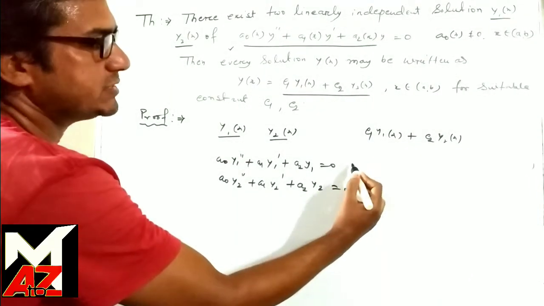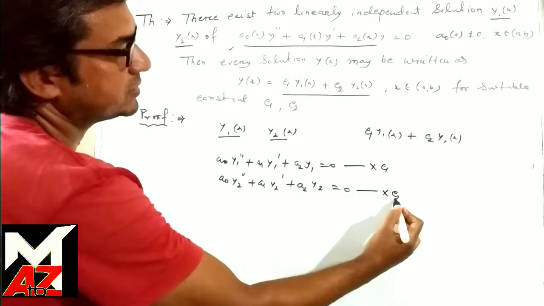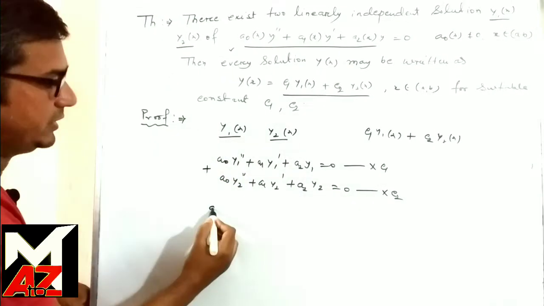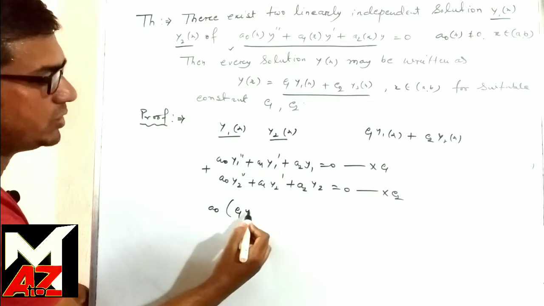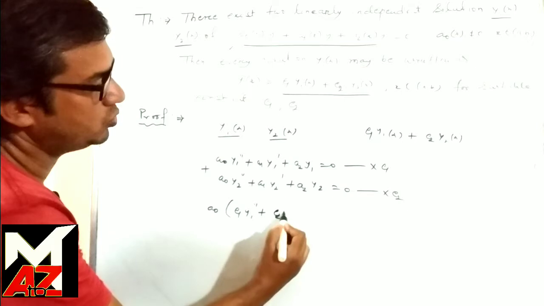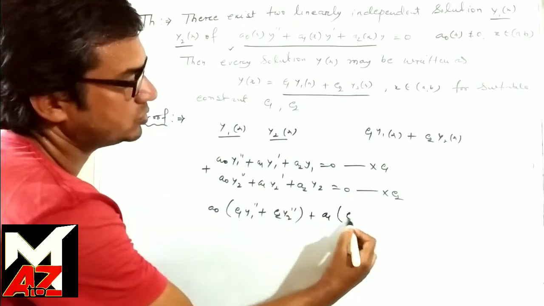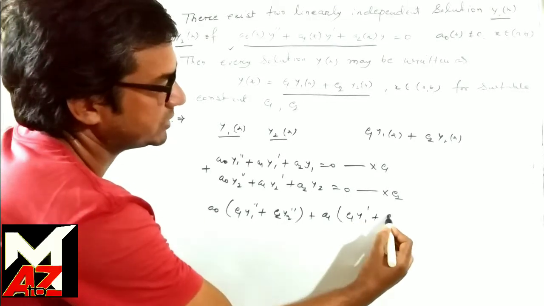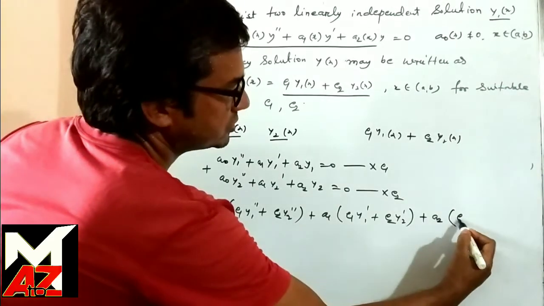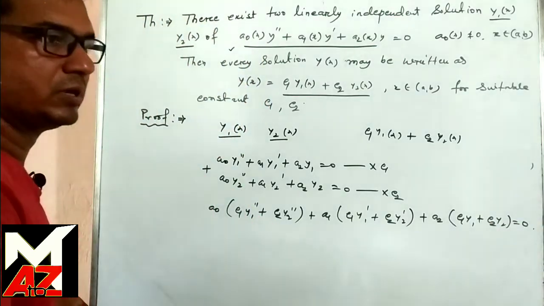Now multiplying this relation by c1 and this relation by c2 and adding them, we get a0 (c1 y1'' + c2 y2'') + a1 (c1 y1' + c2 y2') + a2 (c1 y1 + c2 y2) = 0.